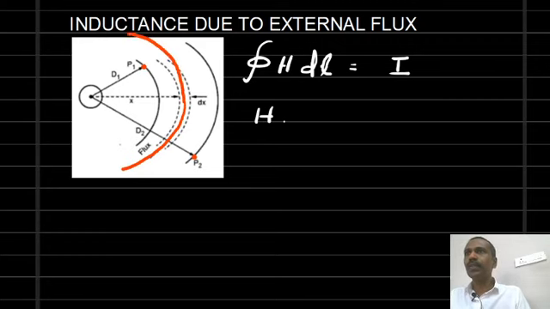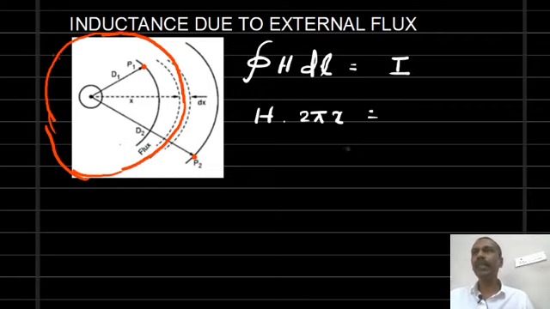The total length is the length of the perimeter, length of this circle, which is equal to the perimeter of this circle. Which is equal to H into 2 pi x.